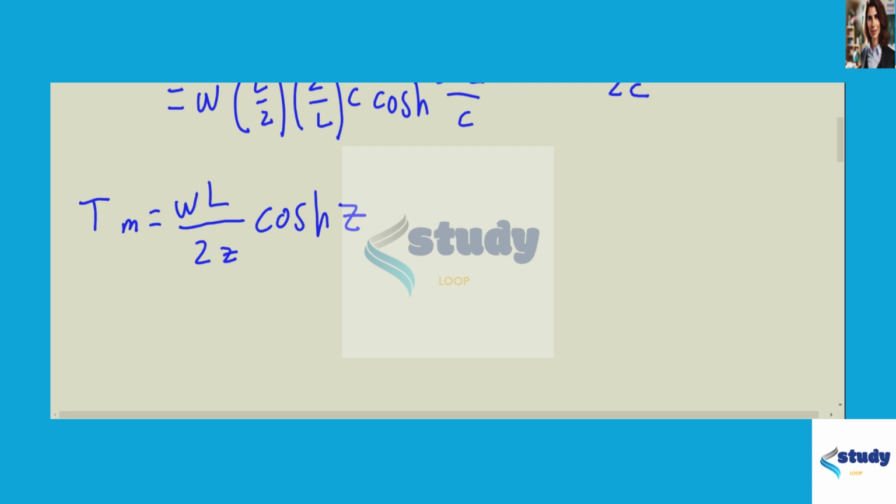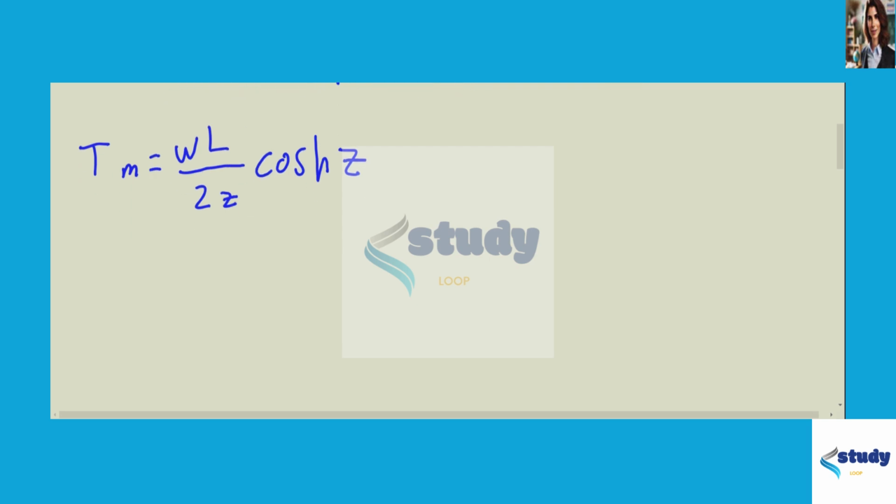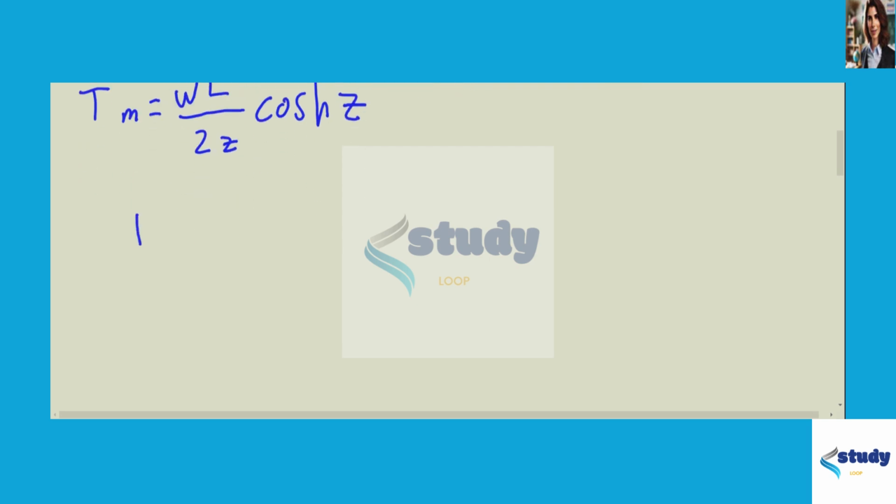And we're now going to take a derivative of this equation, taking the derivative on both sides. So we take a derivative of Tm with respect to z.